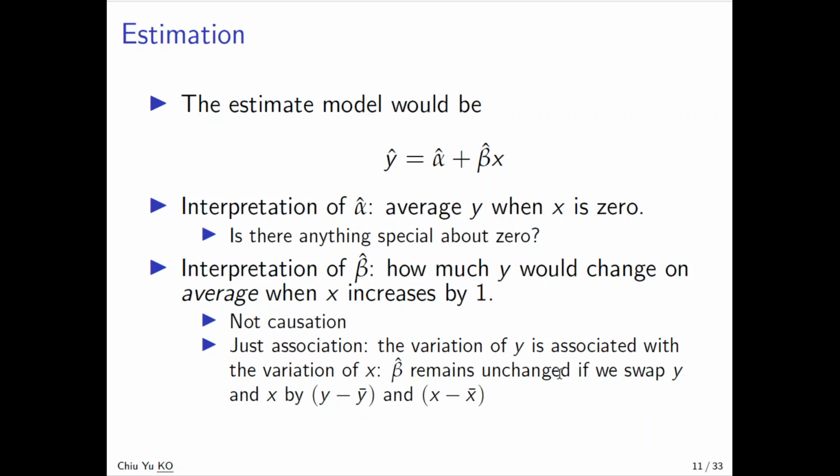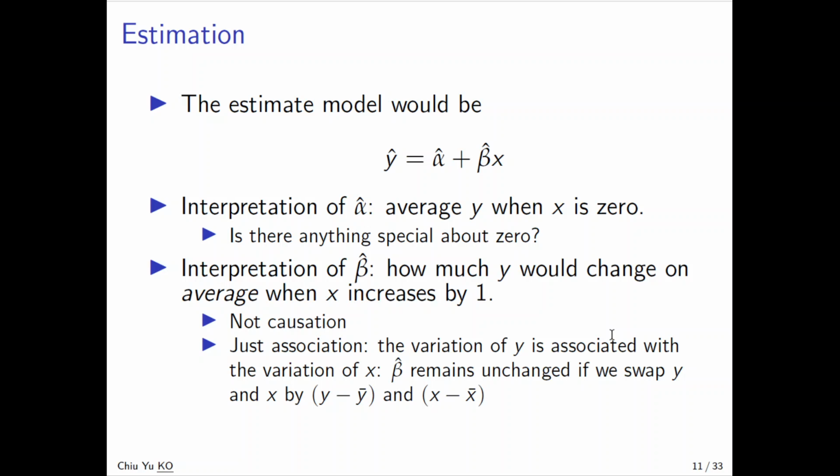So what should be the interpretation of the model, okay? The estimated model we have is y hat equals alpha hat plus beta hat x, right? And alpha hat says what y would be on average if x is 0. So if x is 0, then y hat is equal to alpha hat, okay?